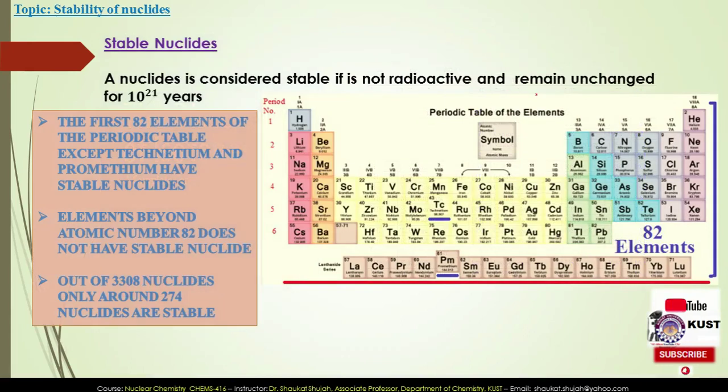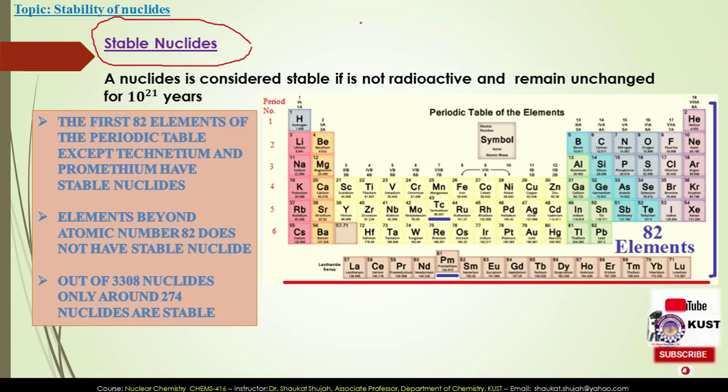All the nuclides can be classified into two categories based upon their stability: stable nuclides and unstable nuclides. Stable nuclides are those which are eternally stable and permanent. They do not undergo any change in their nucleon number. They do not emit any type of radiation and are non-radioactive.